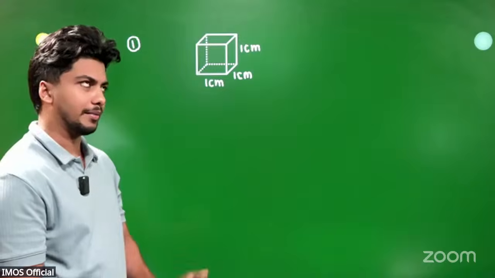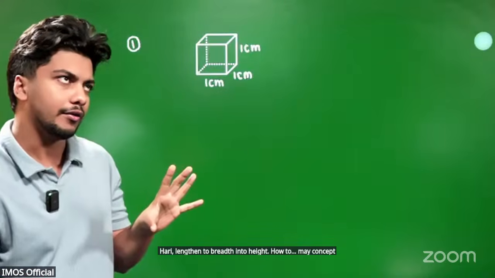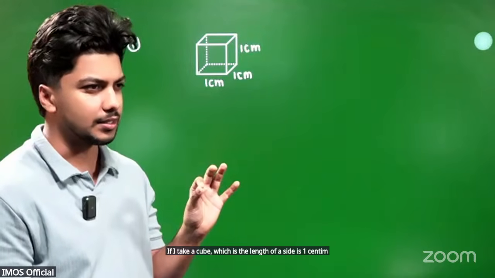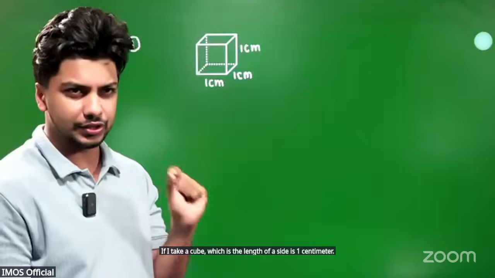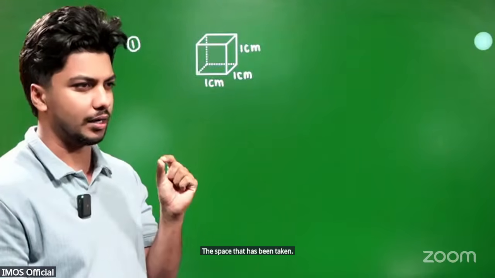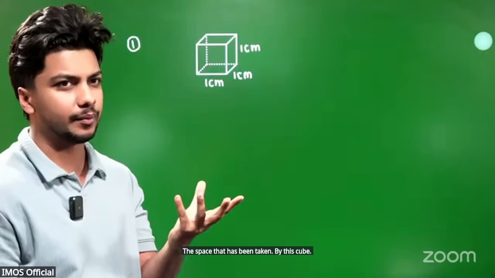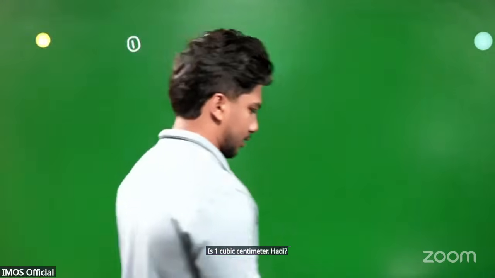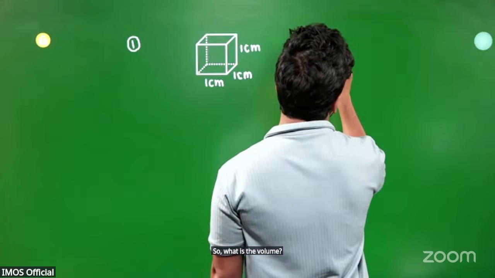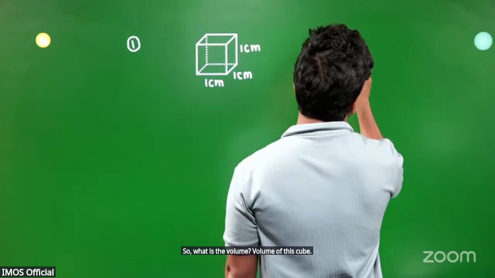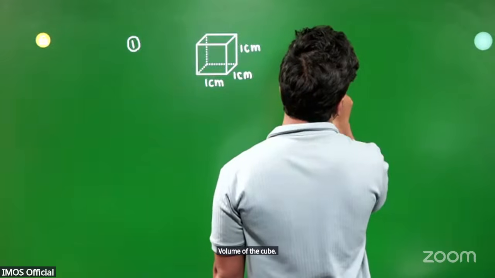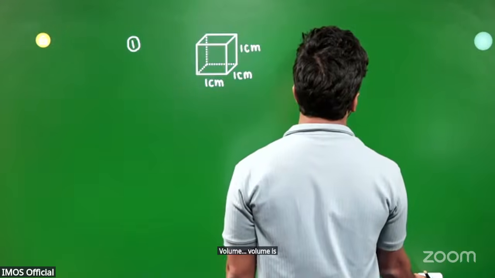If I take a cube which has a side length of 1 centimeter, the space taken by this cube is 1 cubic centimeter. So what is the volume of this cube? The volume is 1 cubic centimeter.